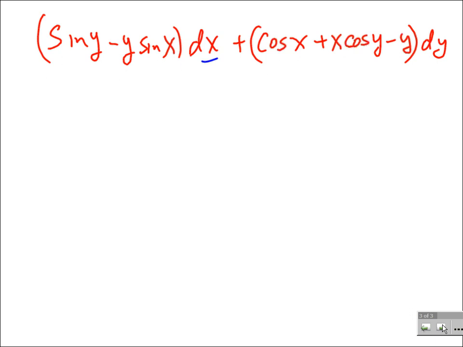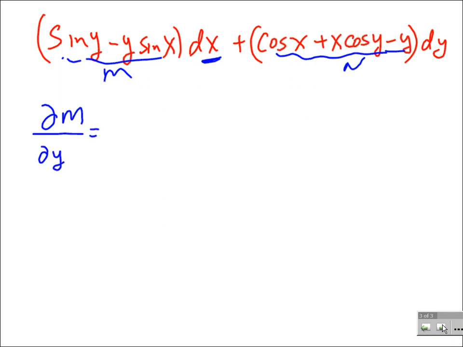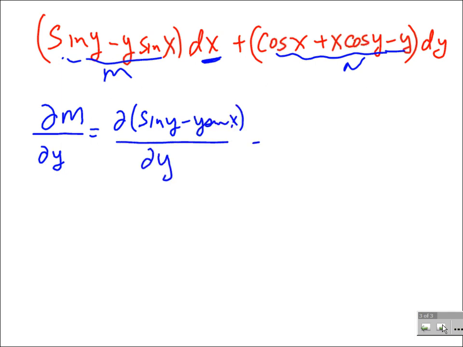I happen to write x first, so that's M and N. I look at the partial of M with respect to not x, but y.